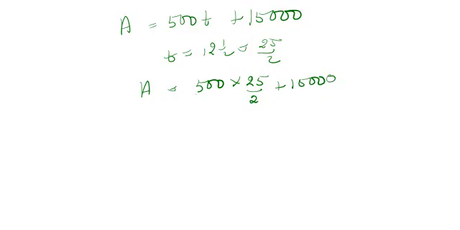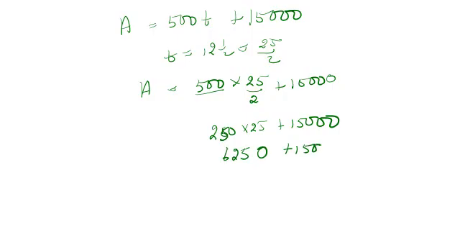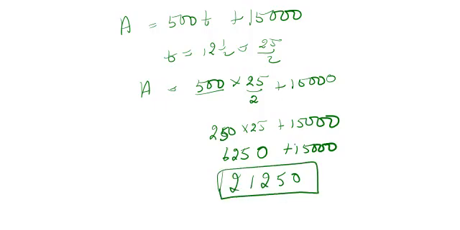So this will make it 250 times 25 plus 15,000. 25 times 25 is 625. Add the extra 0, plus 15,000. Then if you add them both up, you'll get 21,250. So that's how much my investment is after 12 and a half years.